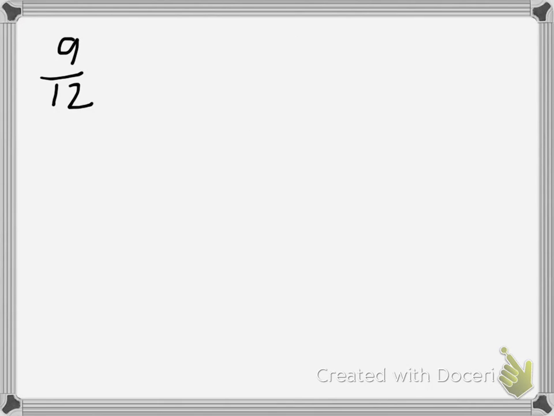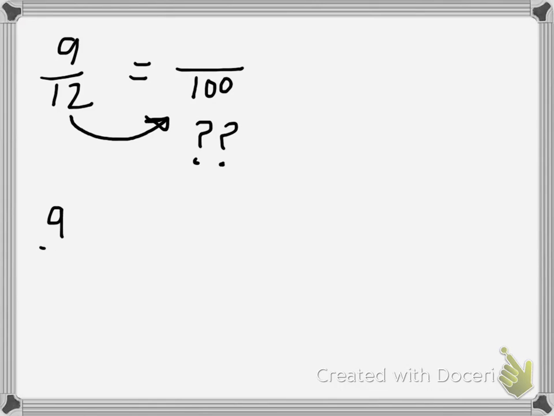Sometimes fractions don't easily go directly to 100. For example, if I have 9/12, there is nothing that I can multiply by with an easy whole number that will take me from 12 to 100. So this reminds me a bit of some of the ratio table work that we've done, where first we looked at a way to reduce this fraction, and then we could do something with it to get us where we wanted.